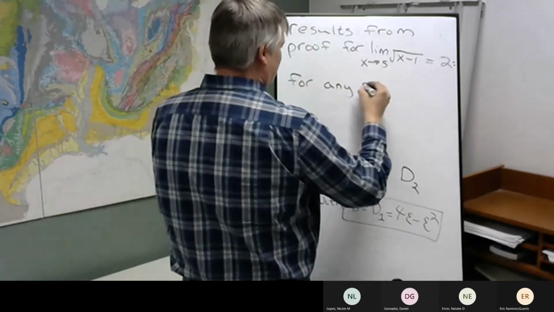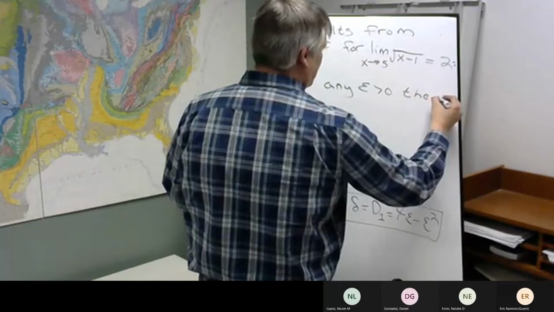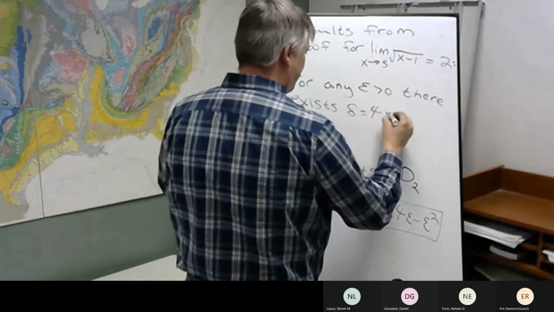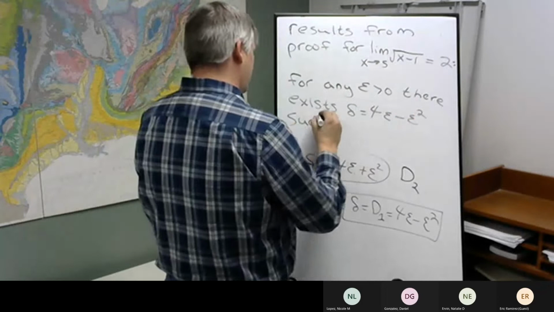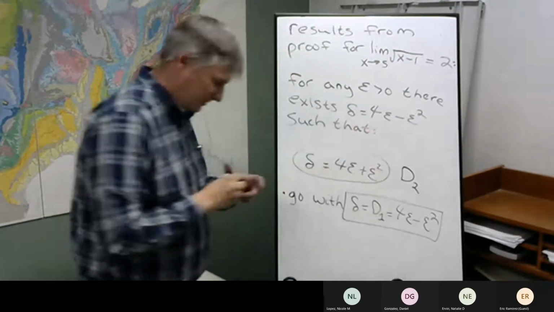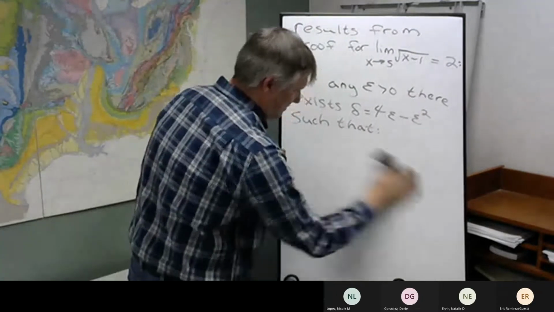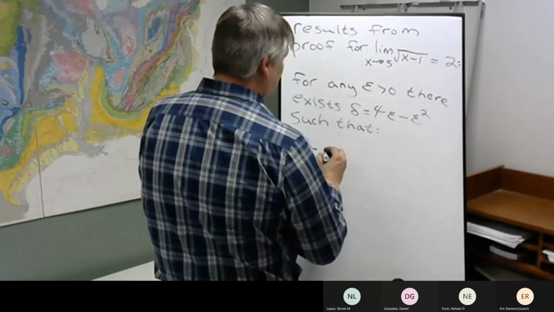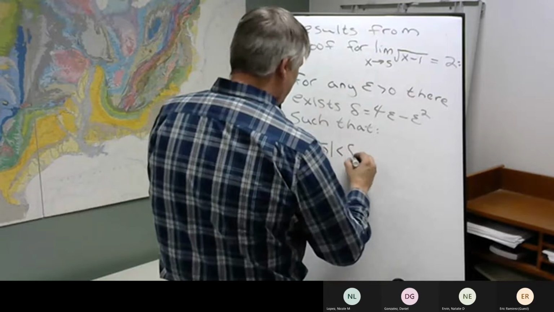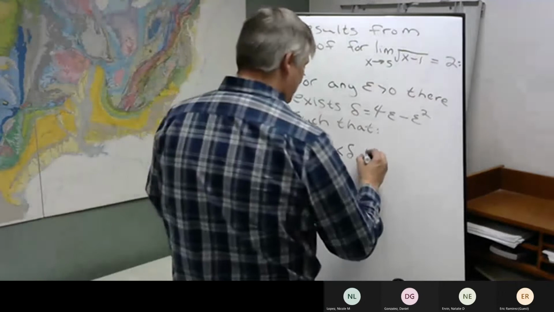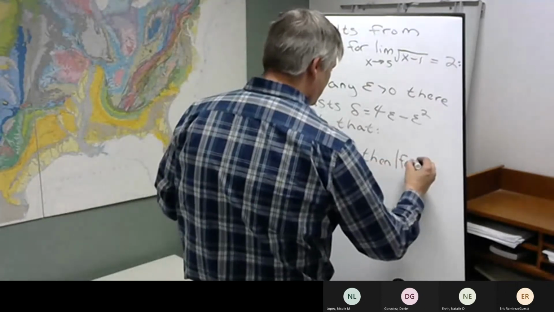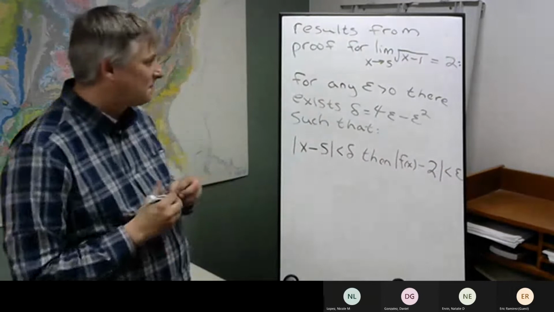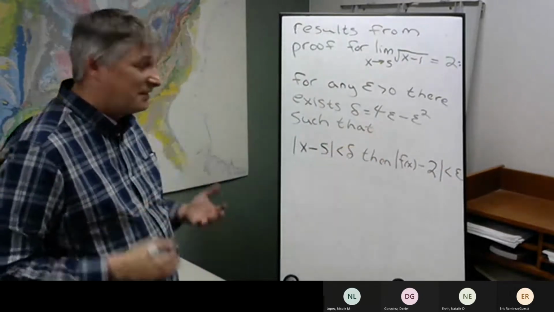For any epsilon greater than 0, there exists delta equal to epsilon minus epsilon squared such that, and we're within delta units, and there's our delta, of 5, f of x is within epsilon units of 2. That's going to be our answer.